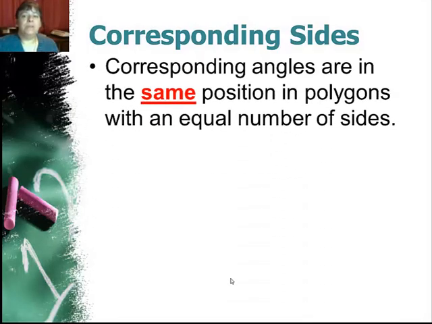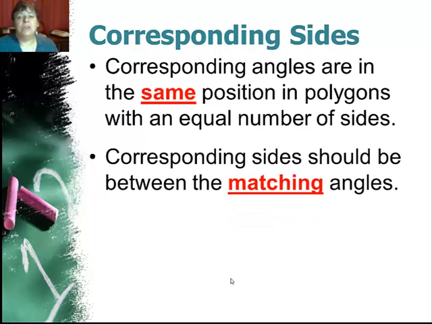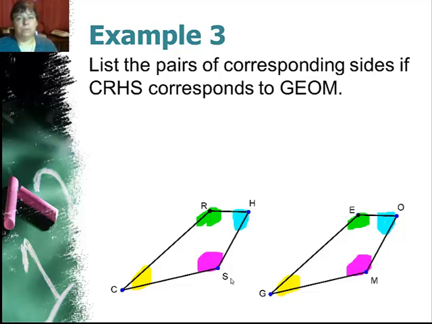Corresponding sides are in the same position in polygons with an equal number of sides. So corresponding sides should be between the matching angles. For me, the easiest way to keep track of what goes with what is to use the angles. So I've left the angles marked here so we can use them again. And we're going to do the corresponding sides.